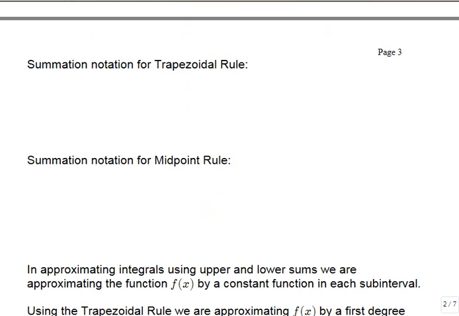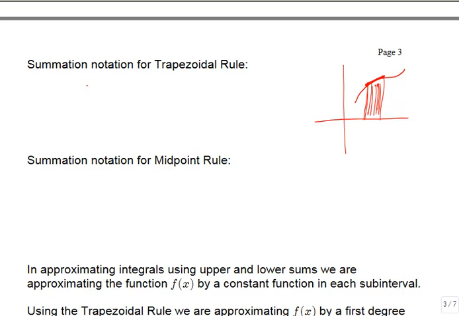Now I want to make a note here of the difference between the trapezoidal rule versus the midpoint rule because they look very, very similar. On the trapezoidal rule, you're taking a curve and you're chopping it up into various trapezoids where you take the left endpoint and the right endpoint and you connect them with a straight line to create this trapezoid shape.